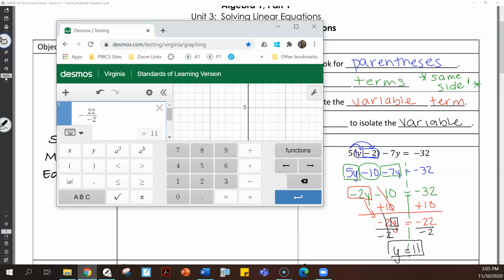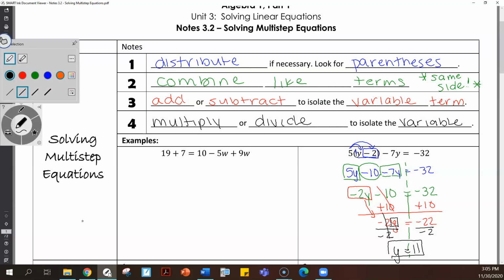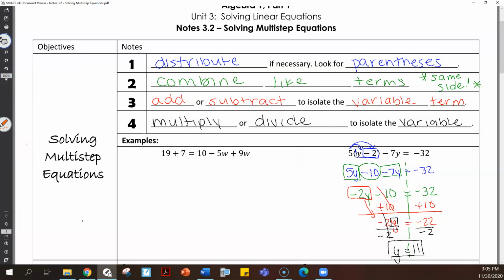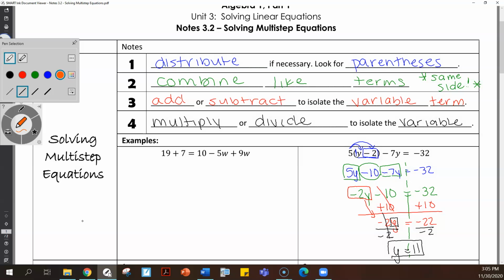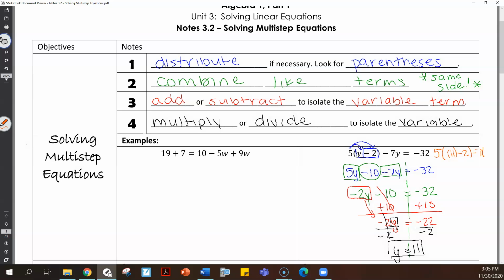Okay, remember that you can always go back and check your work by plugging it back into the original equation. So if I've got 5 parentheses y, I think y is 11, so I'm going to plug in 11 there, minus 2, close my parentheses, minus 7 times 11.